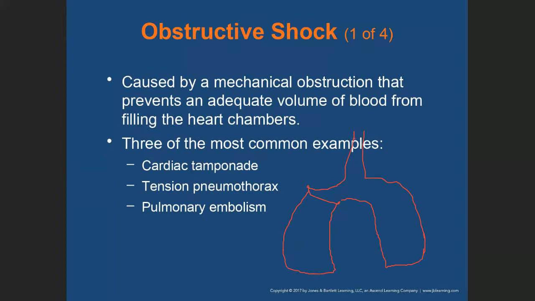There is an inner lining and an outer lining, the pleural membrane. Now, what can happen is the membrane can also rupture, just like the one around the heart can rupture. And it's common in blunt force trauma. It can occur with penetrating trauma, but it's very common with blunt force, what we call a paper bag effect.